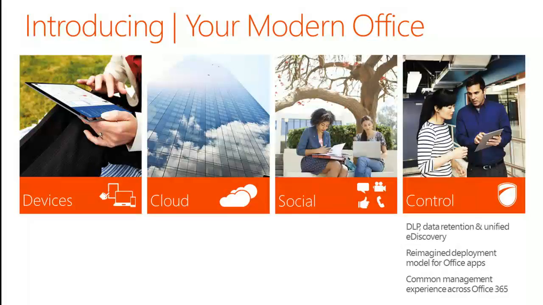So things like the Exchange administration console are now the same between on-prem and online, so that as an IT admin, you can move between those environments and have it feel exactly the same. In fact, in the hybrid setup, you can actually control both from one interface, both your on-prem users and your cloud users. So there's been a lot of integration and control from that angle and investments there across the suite.